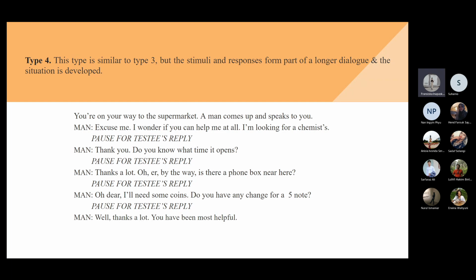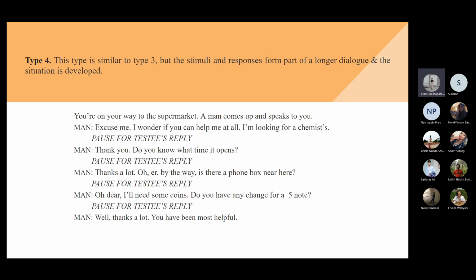"Excuse me, I wonder if you can help me at all. I'm looking for a chemist." Then it is paused for the test taker's reply. And then the man again said, "Thank you. Do you know what time it opens?" Again paused for the test taker's reply. "Thanks a lot.